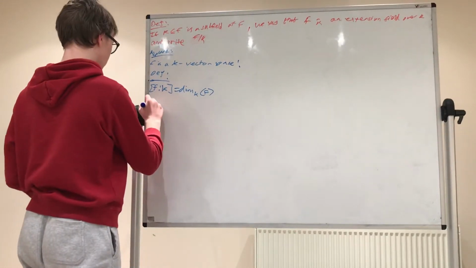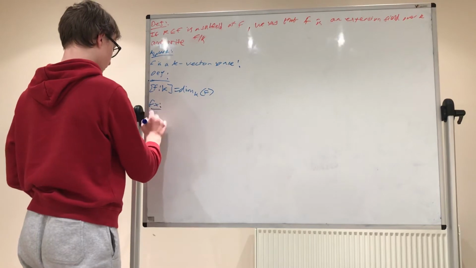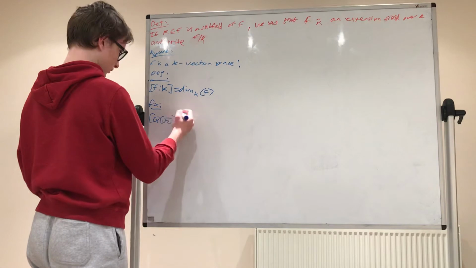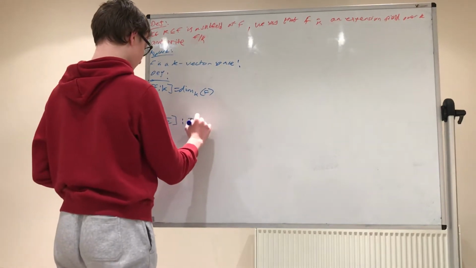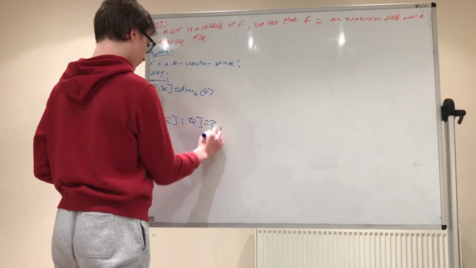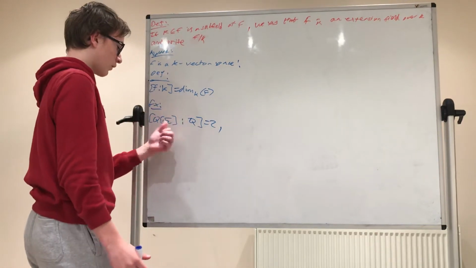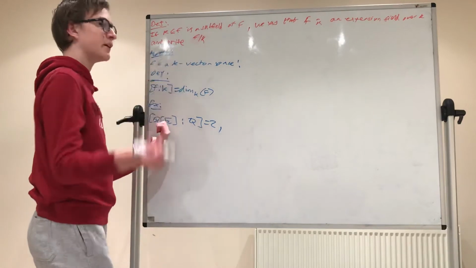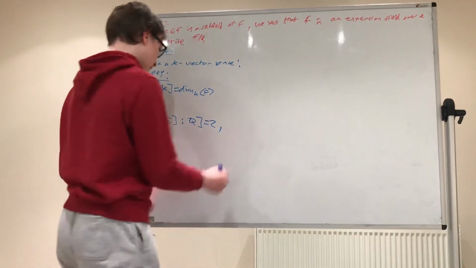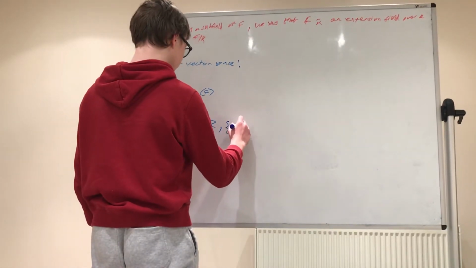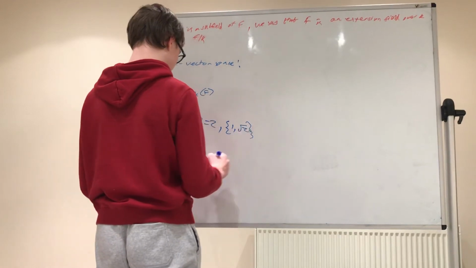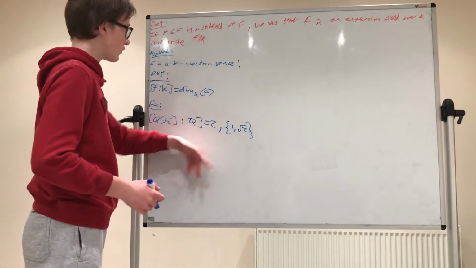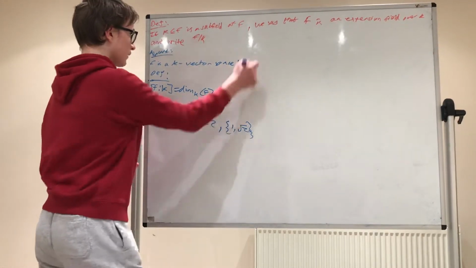So, for example, the degree of the rational numbers adjoined square root of 2 is equal to 2, because the basis of this ring, the set of all a plus b square root of 2 where a and b are rational numbers, is just going to be 1 and square root of 2. That's quite an interesting thing.